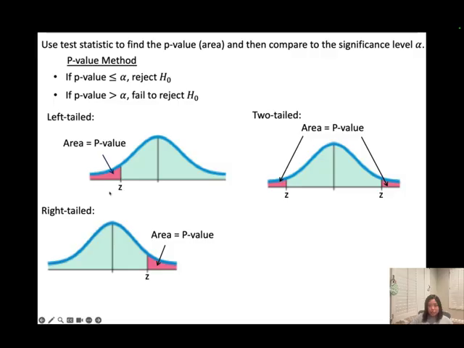If your test statistic is on the left tail, this is going to be your p-value. If your test statistic is on the right tail, this part will be your p-value. So for the two-tail test, when you find the test statistic, either positive or negative, and then you use that to find the area of either the left tail or right tail, make sure you multiply by 2, because the p-value will be both areas here.